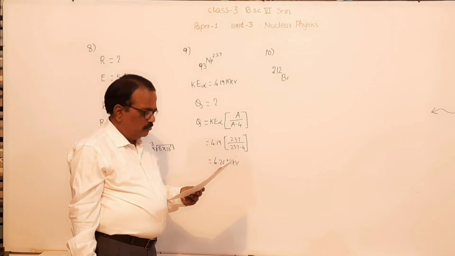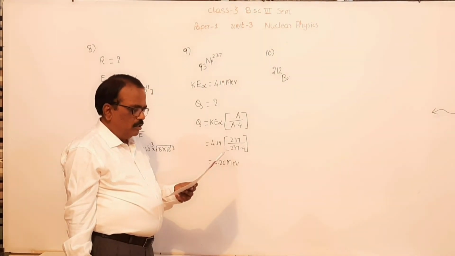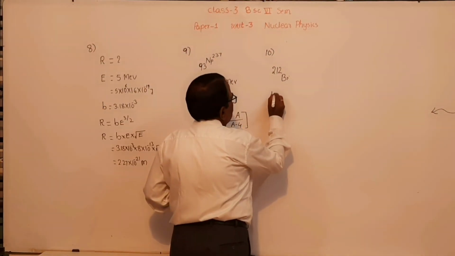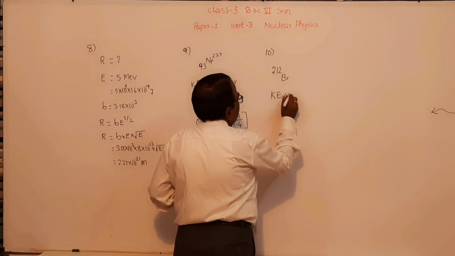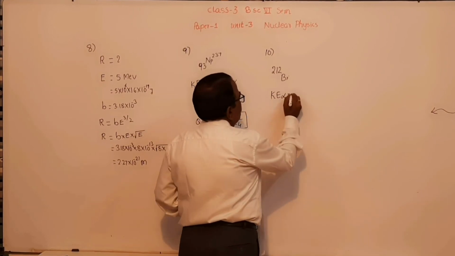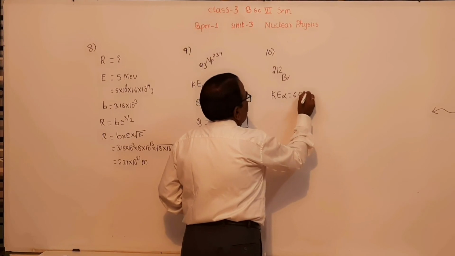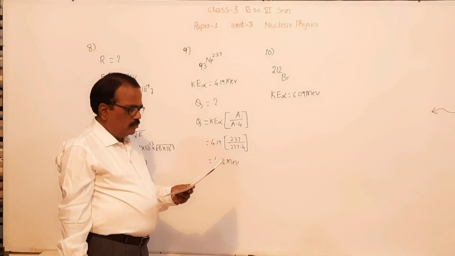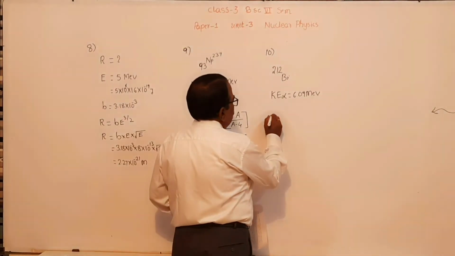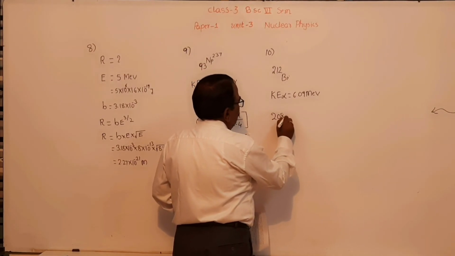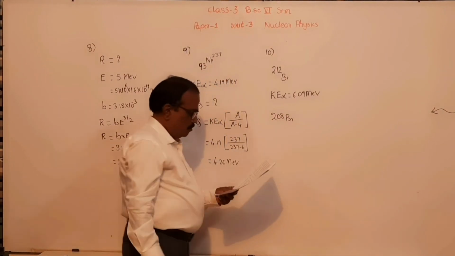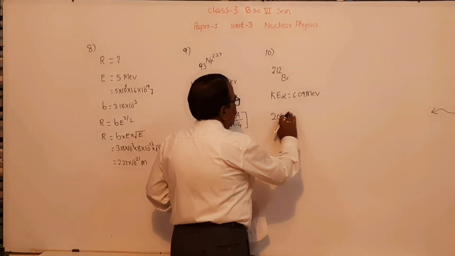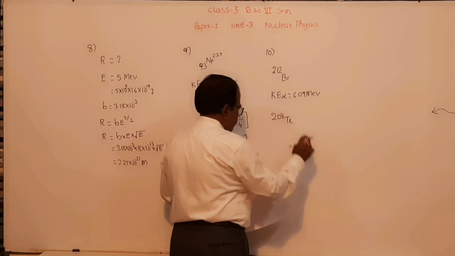In one case, it releases an alpha particle of energy KE alpha 6.09 MeV, and decays to the ground state of 208 Tl, sorry, 208, it is Tl.